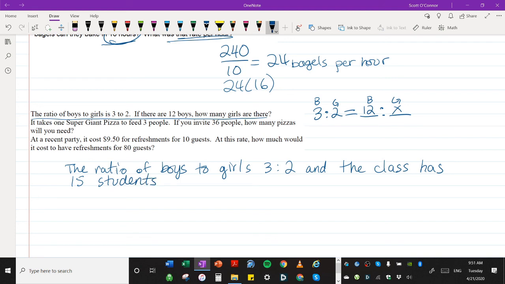Okay, so we should maybe say in a class. In a class, the ratio of boys to girls is 3 to 2, and the class has 15 students. Then the question is, how many boys and girls are there?